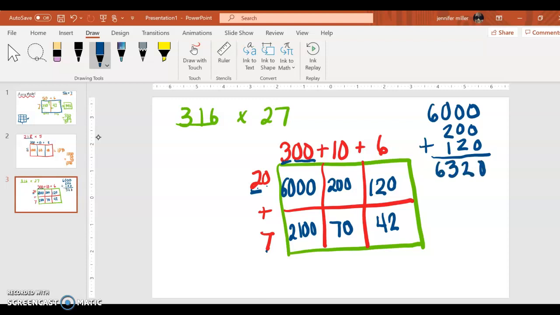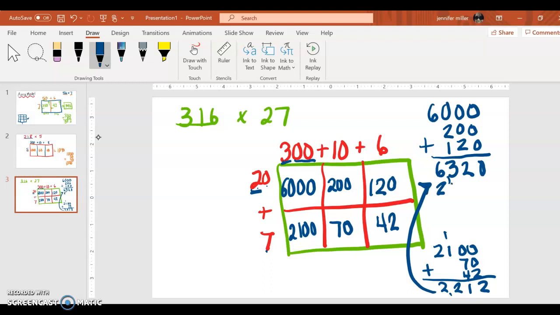That gets me 6,320. And then down here, I've got my 2,100 plus 70 plus 42. And again, all those place values have to be lined up. And I have 2,212.